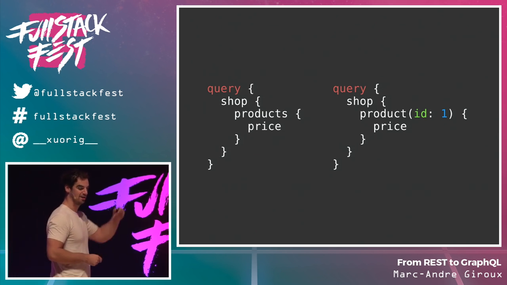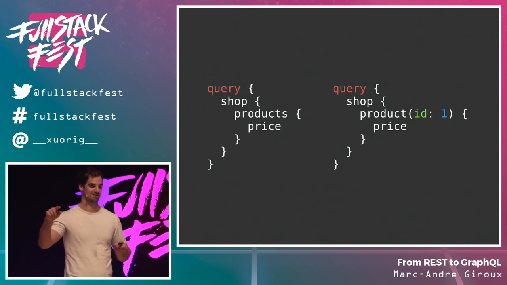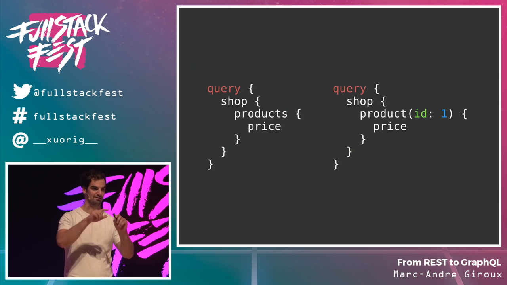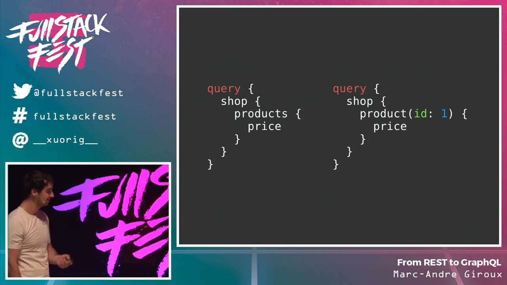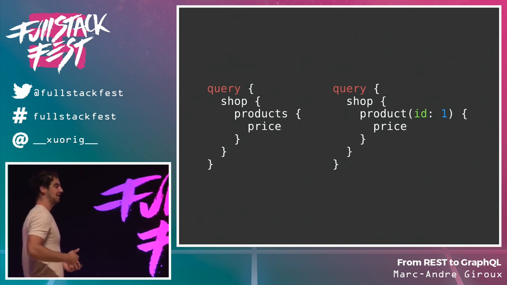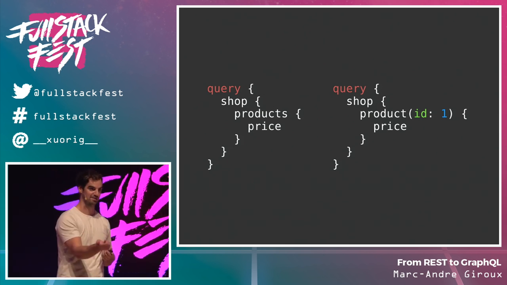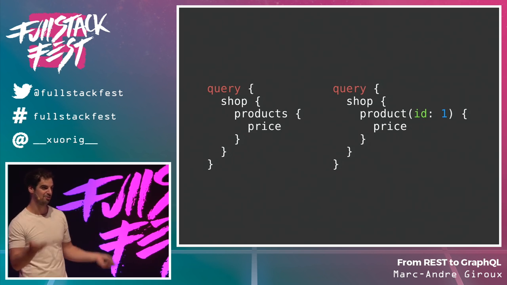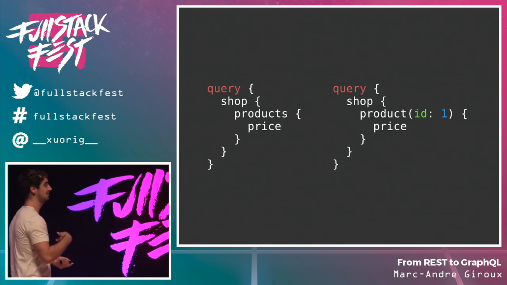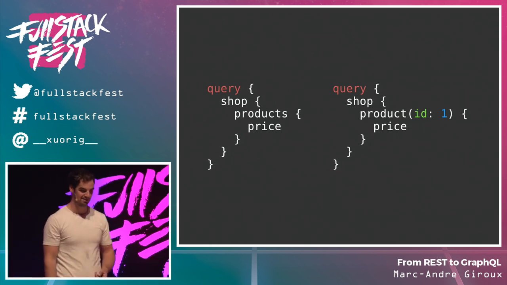Because one is nested under products, and the other one would be nested into like a serialized product ID 1 key, maybe. So if I fetch this first, and another view fetches the product with the second query, we're going to get two results, possibly. One's going to be outdated, and one's going to be right.